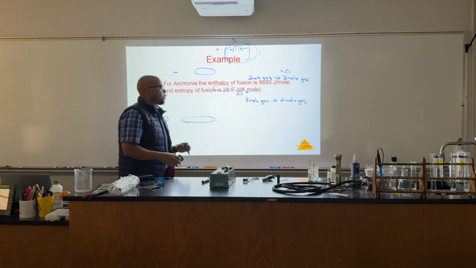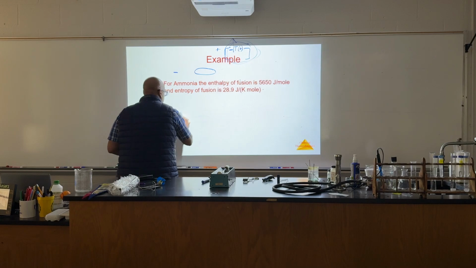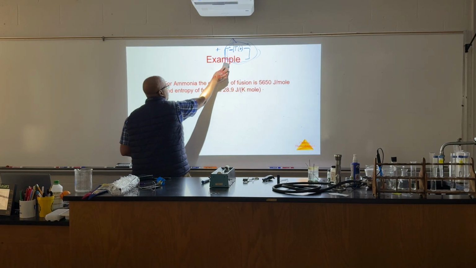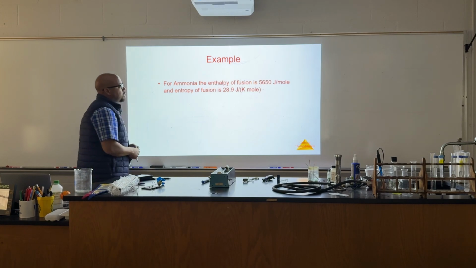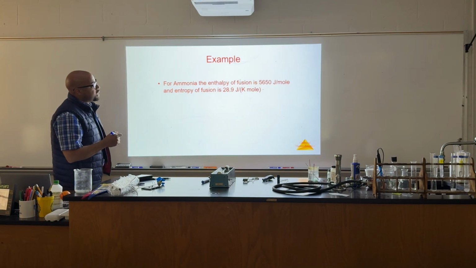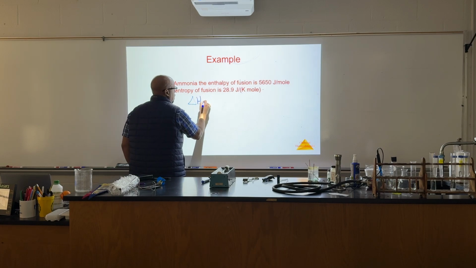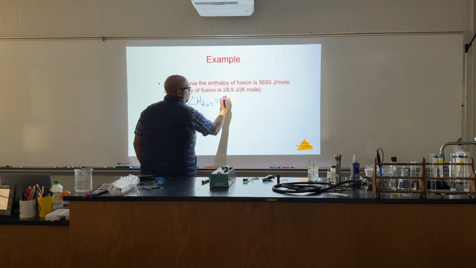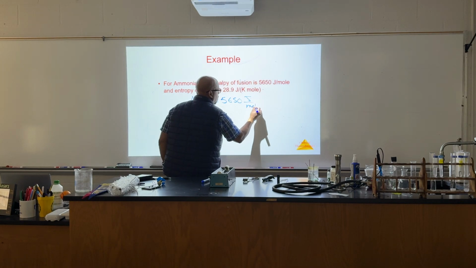One problem I just want to go over really quickly is this problem right here. Just in case something like this pulls up on the AP, hopefully you'll be able to solve this one. For this particular problem, it says, for ammonia, the enthalpy of fusion, so the delta H of fusion, is equal to 5,650 joules per mole.